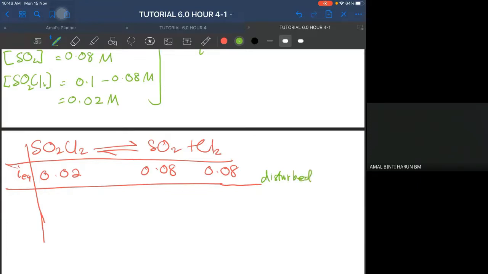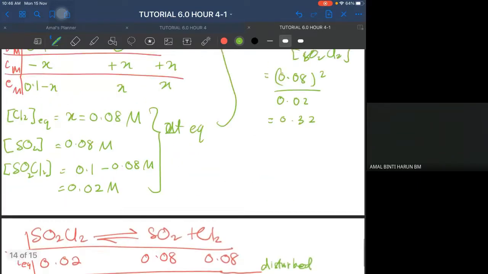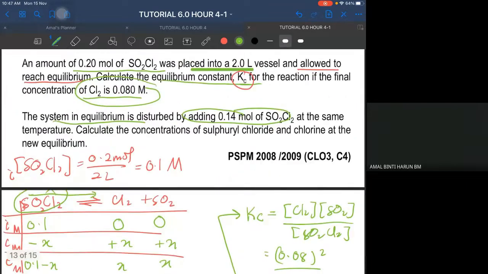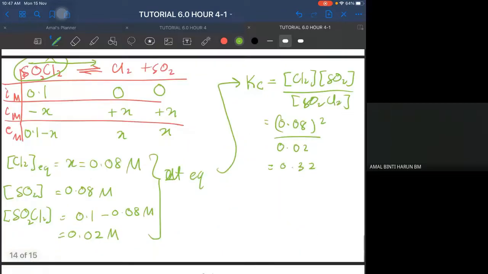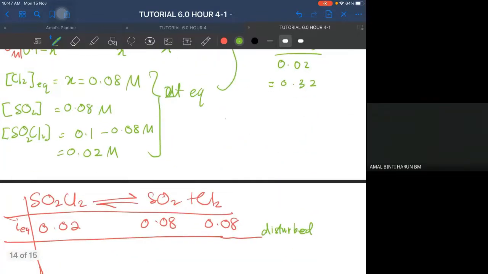Okay, macam mana dia disturb? By adding 0.14 mole of SO2. Okay, so added sulfuryl chloride adalah 0.14 molar per 2 liter.